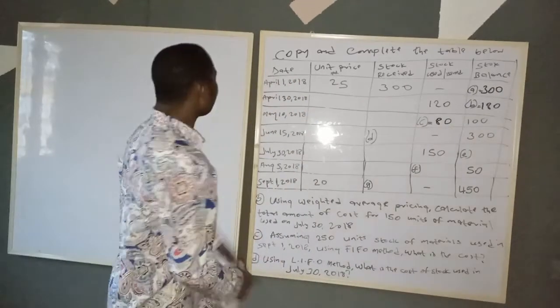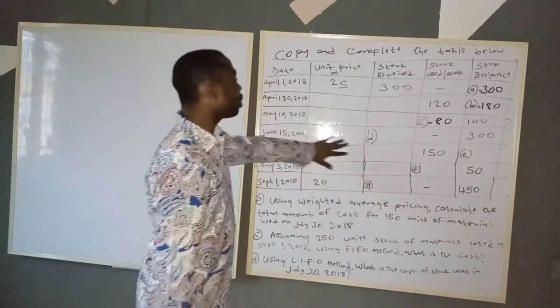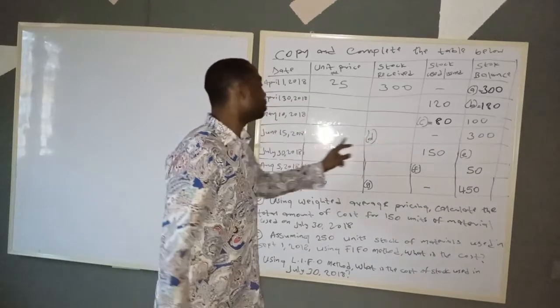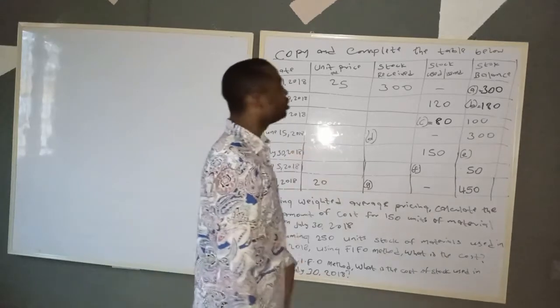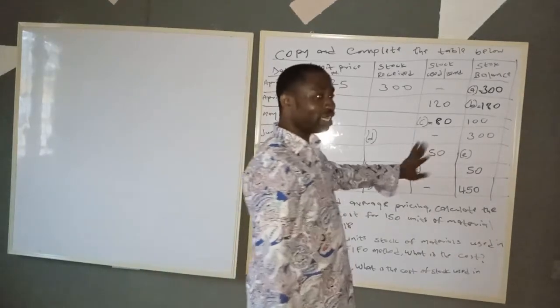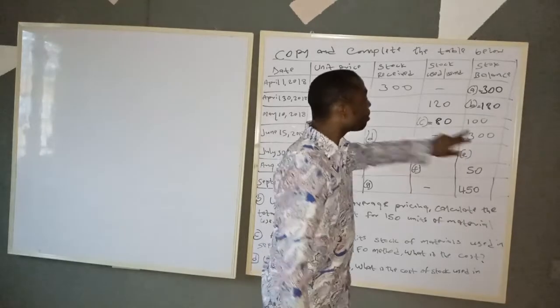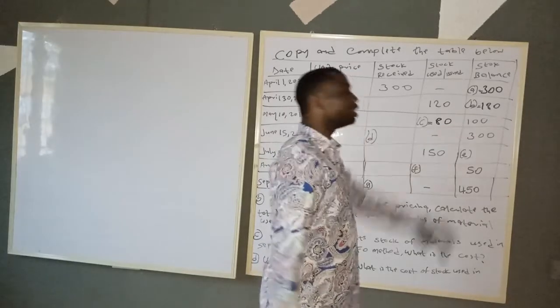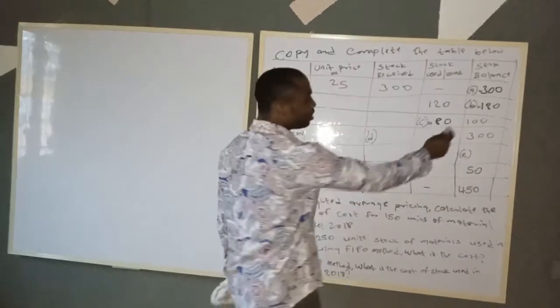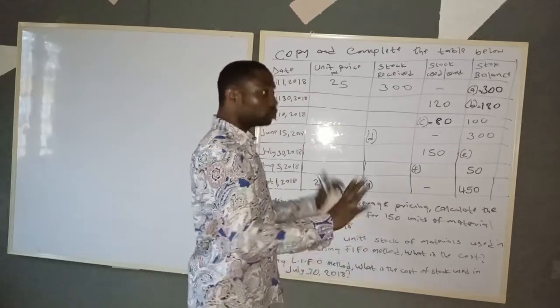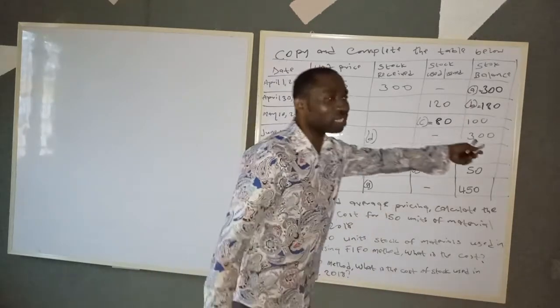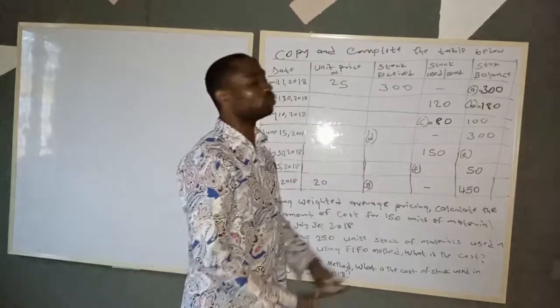Now here, June 15, they received some amount. They don't let us know the amount, but they gave us the price, which indicates that they received an order, and they did not use anything. Now the stock balance is 300, when we were having 100 as our stock balance before. So how many did they receive?